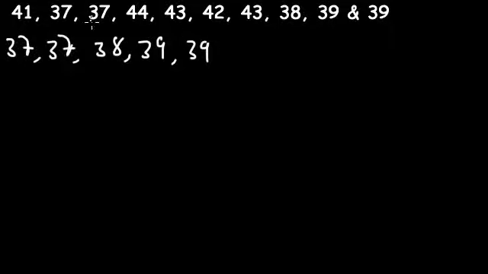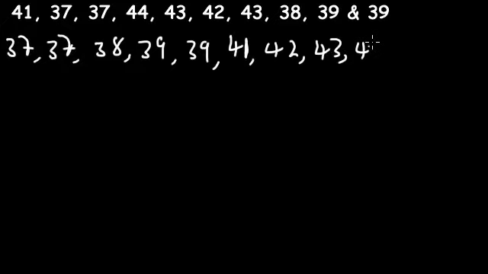And after that, we have one 41, one 42, one 43 and another 43, so therefore, we have two 43s. And finally, we have one 44. And boom, we have our distribution now in ascending order. Arranging it in descending order doesn't cause any problem for you, as everything will still go perfectly.